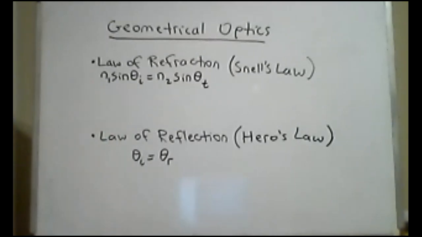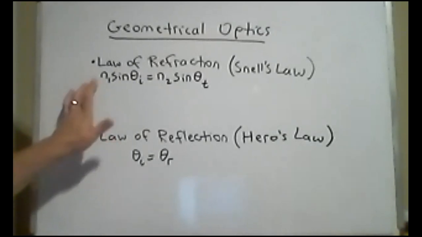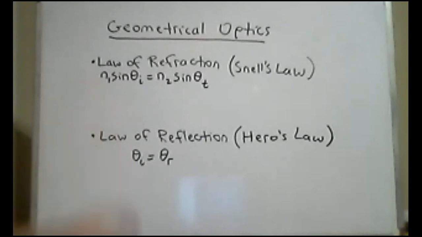And we will see in chapter 27 on wave optics that you can use a more primitive wave theory of light called Huygens' principle, or Huygens wavelets. Huygens was a contemporary of Newton, and you can derive the law of reflection and law of refraction from Huygens wavelets.